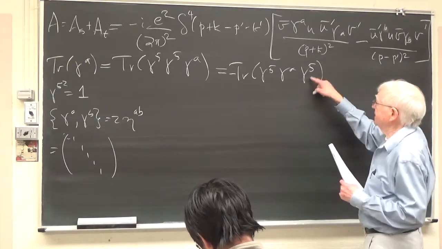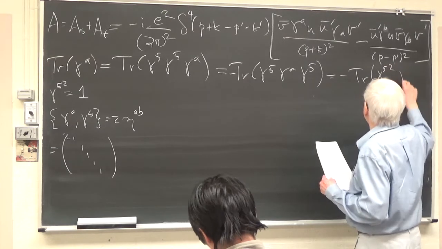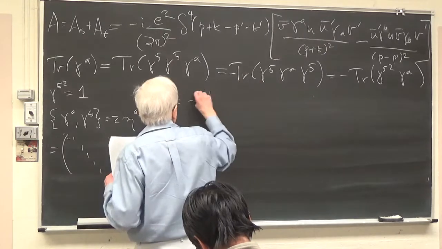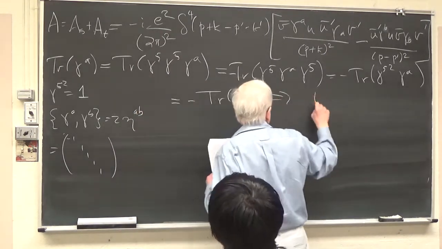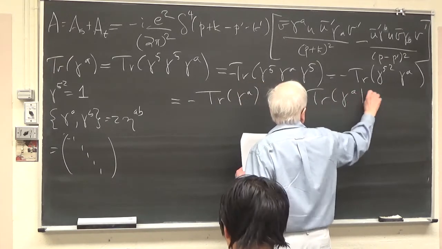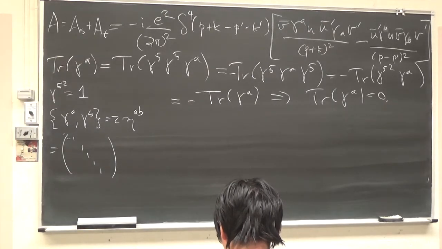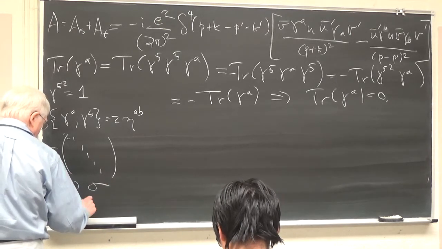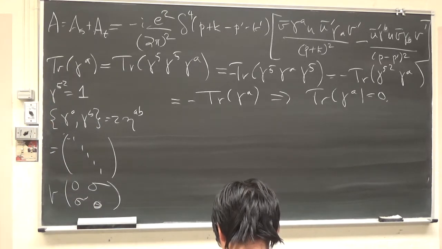But the trace is cyclic, so this is also minus trace gamma 5 squared, gamma A, and gamma 5 squared is still 1, so this is minus trace of gamma A. So the net result is the trace of a single gamma matrix is 0. That's kind of obvious from the form of the gamma matrices. The gamma matrices are basically 0, sigma something, sigma prime something, 0. So obviously the trace is 0.